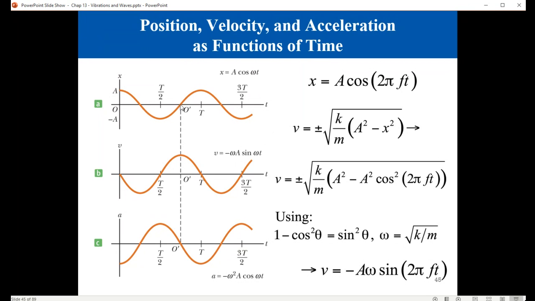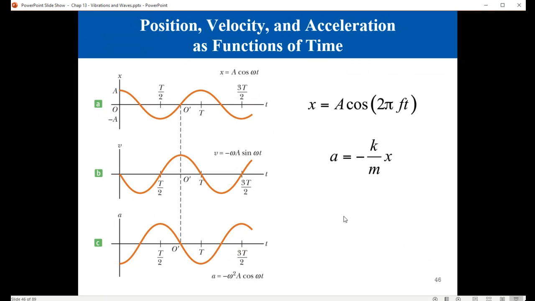When x is 0, the energy is all kinetic, no potential. So v is maximum. On the other hand, when x is a, the amplitude, the energy is all potential, and the kinetic is 0. So the velocity is 0. So now we understand this phase difference between the velocity vector and the displacement vector.